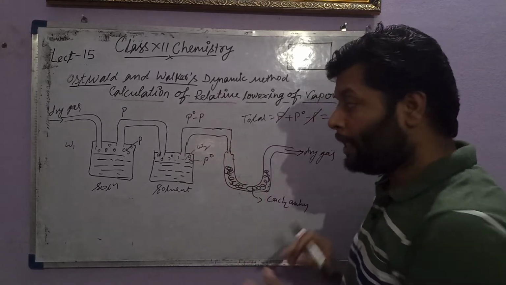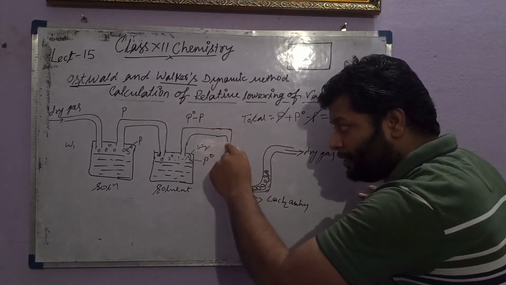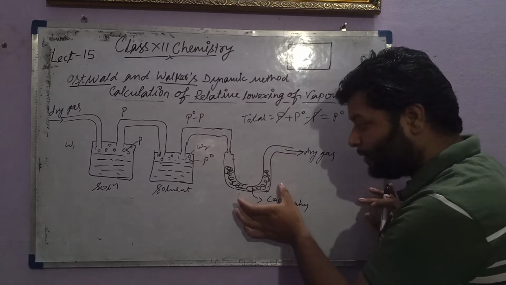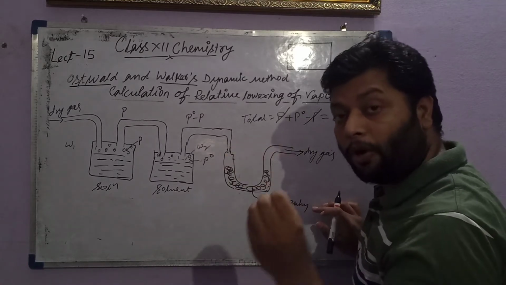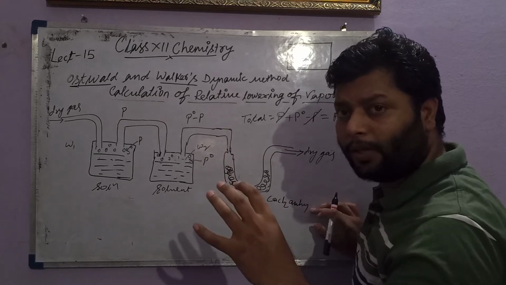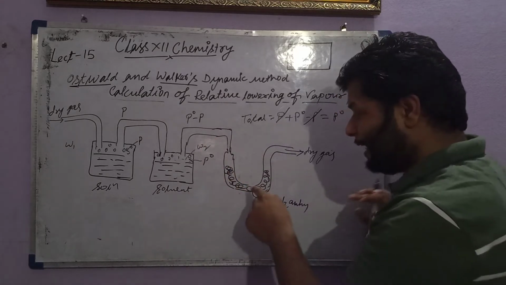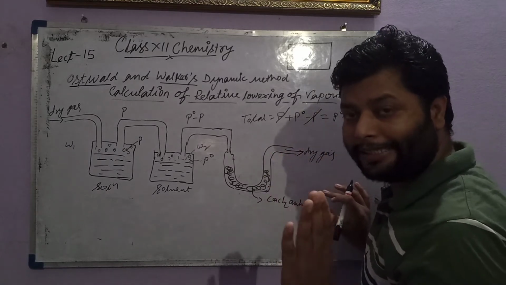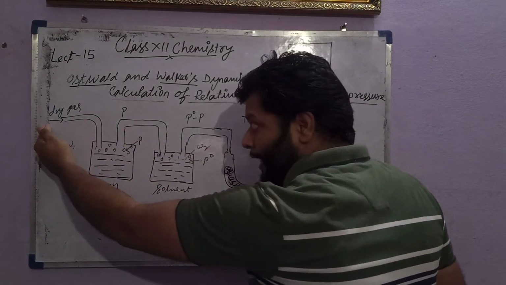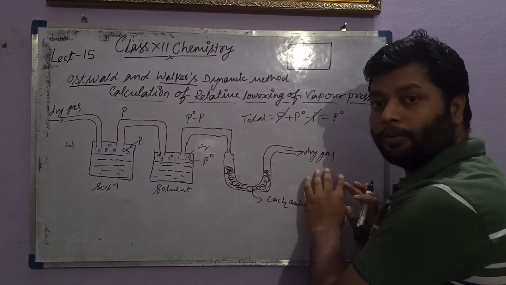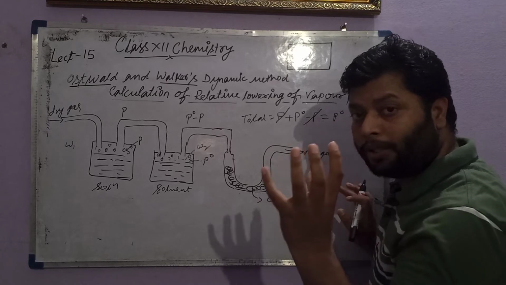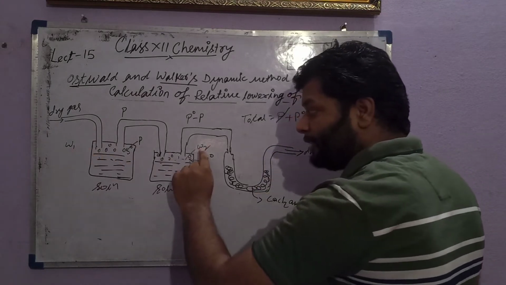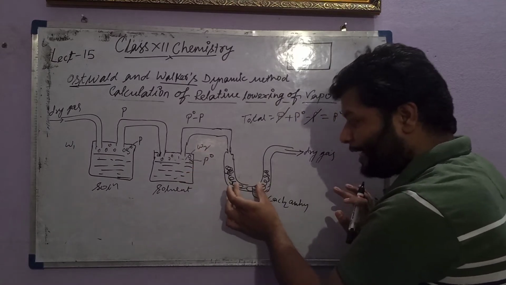Now when the air enters the calcium chloride, it absorbs all the vapors, and dry gas is released out. So dry gas enters and dry gas comes out. The total weight loss, W1 plus W2, is absorbed by the calcium chloride.